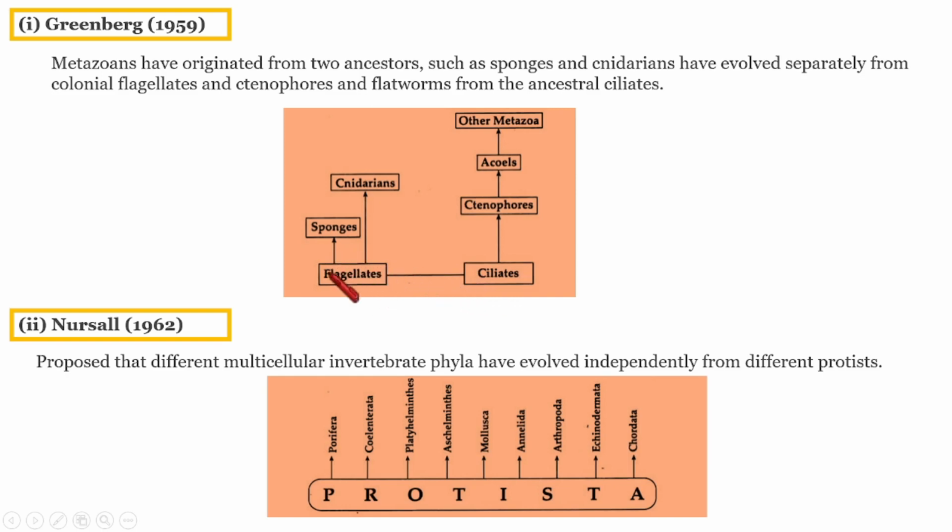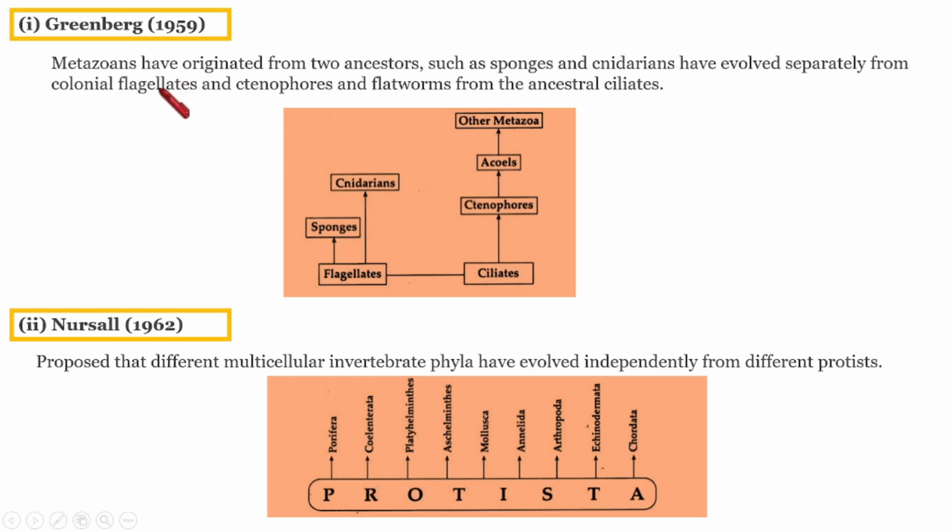From the first one, flagellates, the sponges and cnidarians have evolved separately from these colonial flagellates. At the same time, ctenophores and flatworms all emerged from the ancestral ciliates. So here, two ancestors are present according to Greenberg.